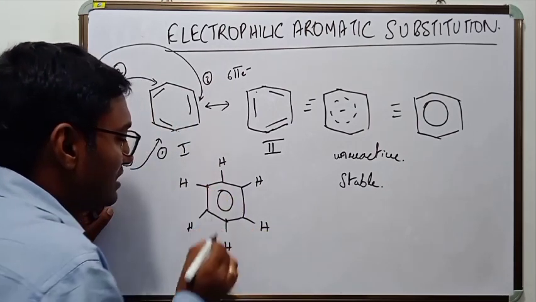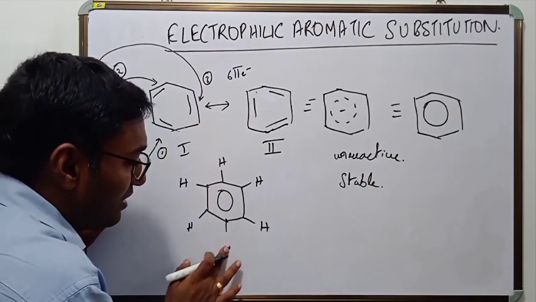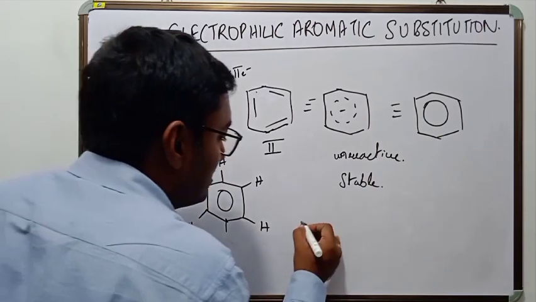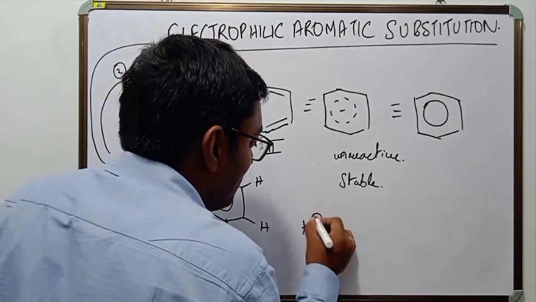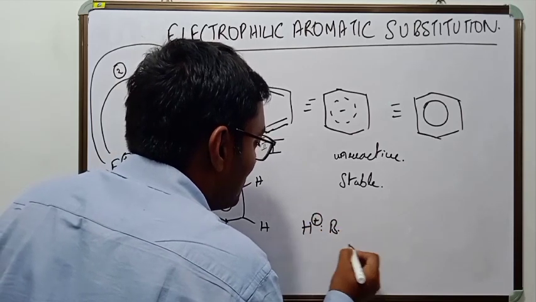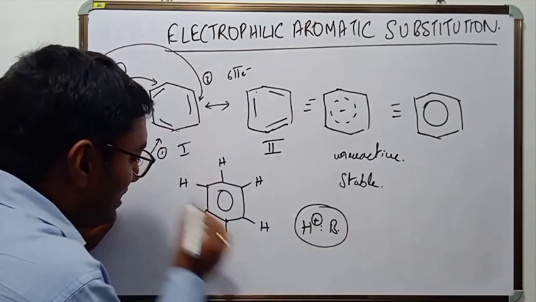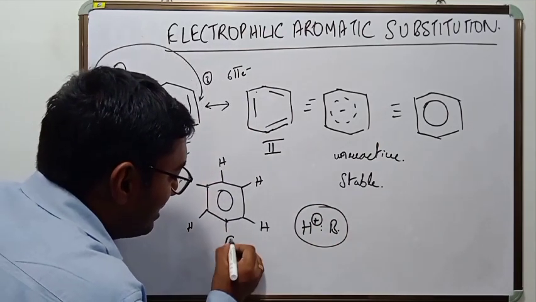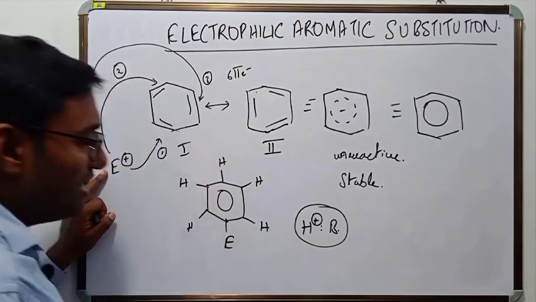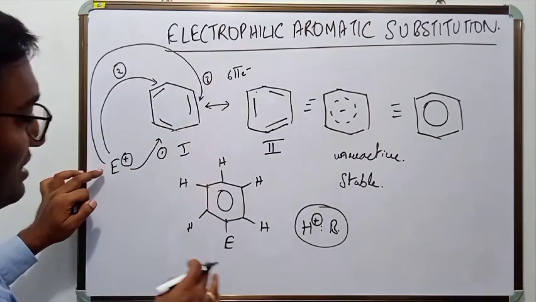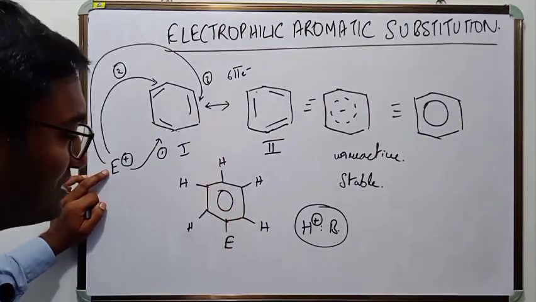The benzene ring replaces one of its H plus. The H plus will go to a base, a Lewis base, and that H plus is substituted with E plus. In that case, the conditions of both E plus and the benzene ring are satisfied.